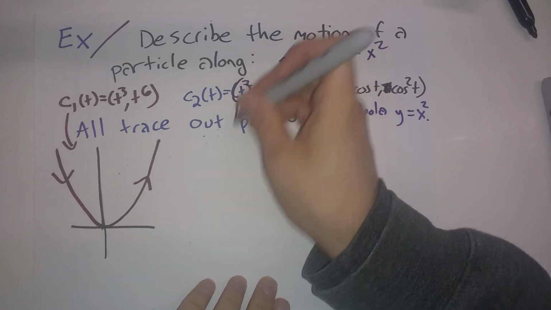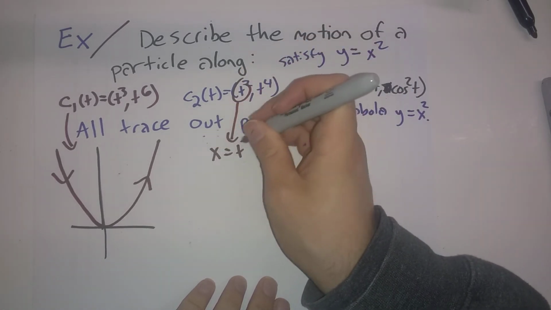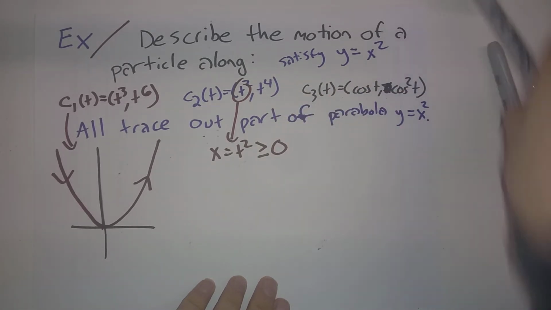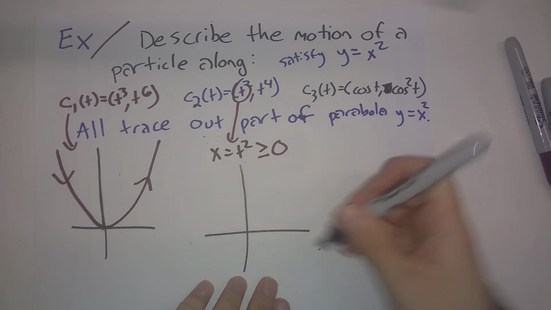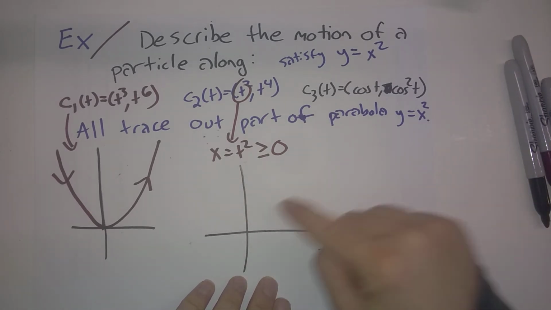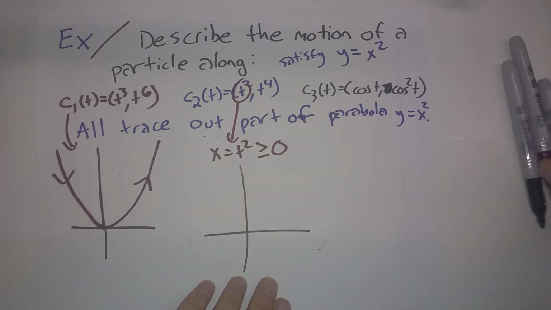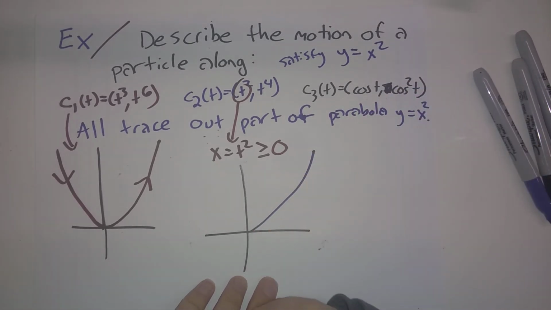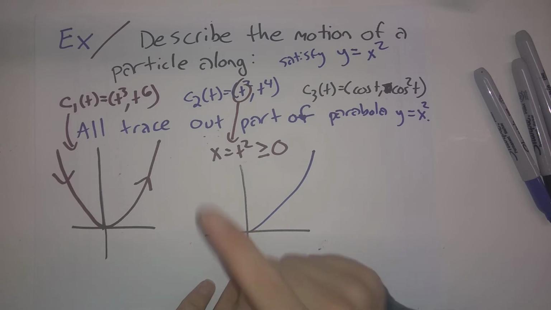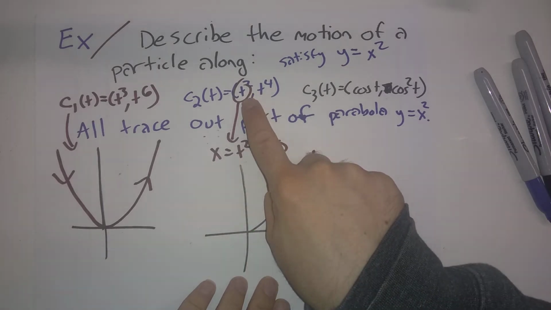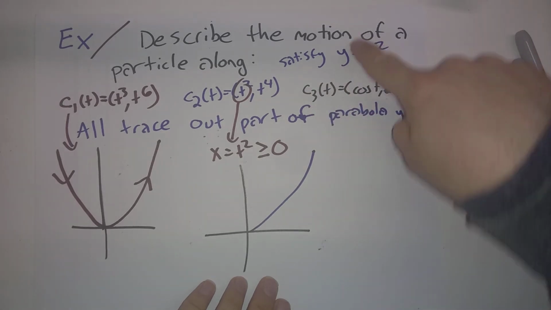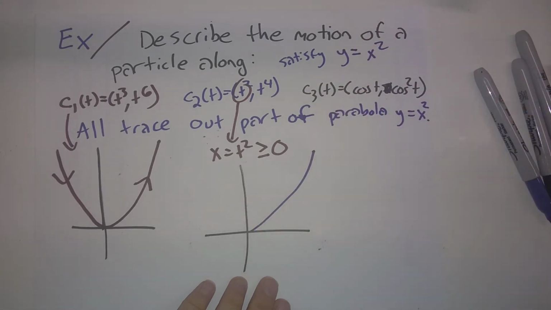Now what about c2 of t? Realize here, x is equal to t squared. That's always non-negative. So the only thing we're going to do is trace out the right half of the parabola. But think about what's going on. As t starts out very negative, like from minus infinity, t squared is actually very positive. So we actually trace things out twice.